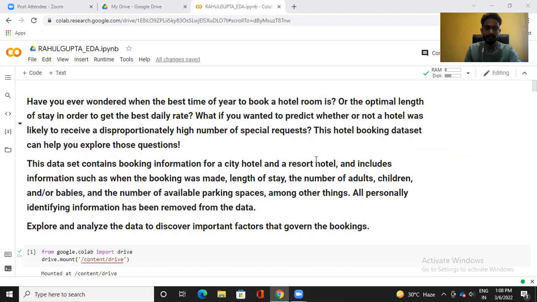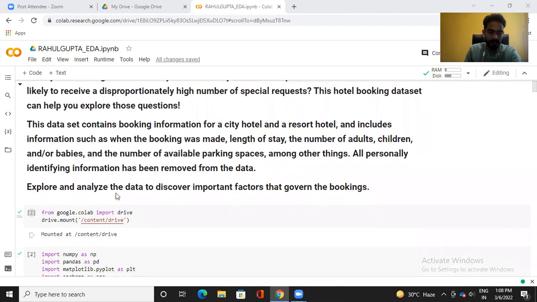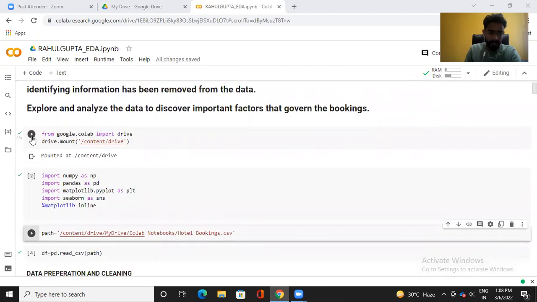Firstly, my project data contains around lakhs of rows and 32 columns. Before that, I mounted my drive, and after mounting, I imported NumPy as np, pandas as pd, then matplotlib for creating different types of charts, and Seaborn as sns for different statistical graphs, and then %matplotlib inline for showing those graphs.